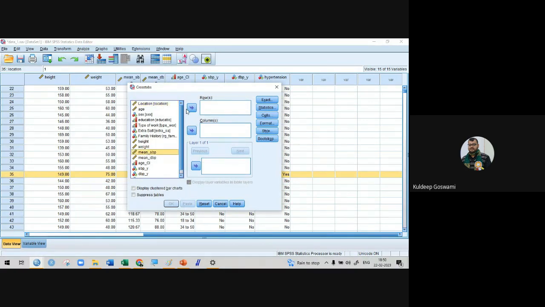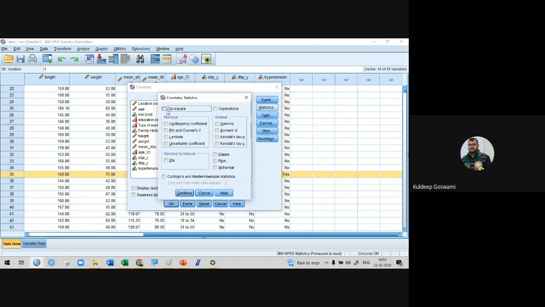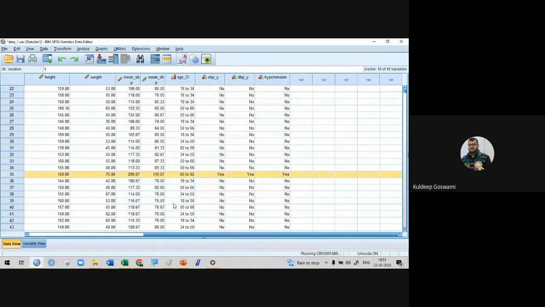Click mean SBP in the row, and then extra salt in the column. Then click on Statistics, the second top option. Click on chi-square, and then click Continue, and then press OK.